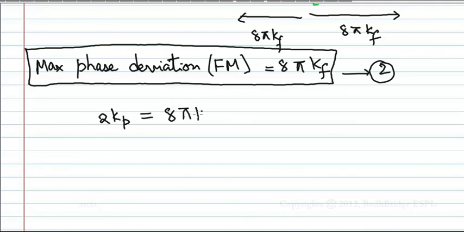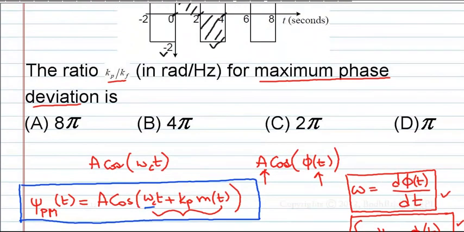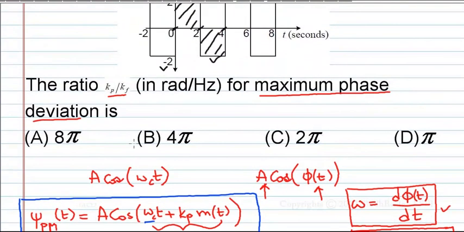This is what he said. Phase deviation is same for both cases. Therefore kp by kf is how much? 4 into pi. Therefore kp by kf is 4 into pi.